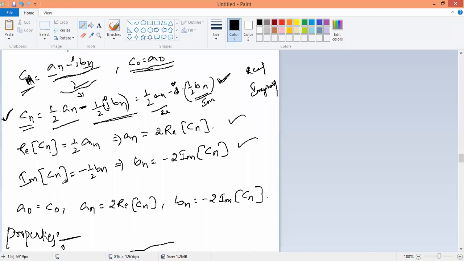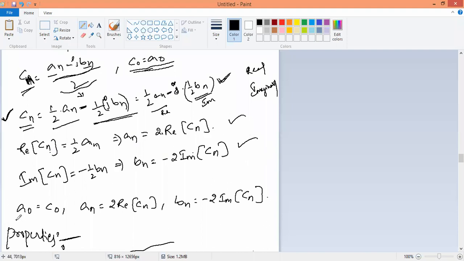The imaginary part of Cn is minus 1 by 2 bn, so bn is minus 2 times the imaginary part of Cn.